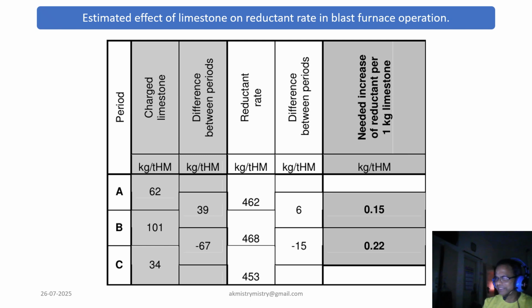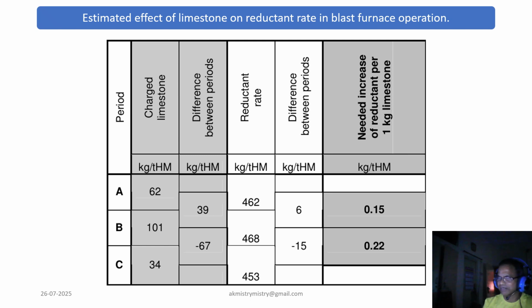Now as we can see, this slide is full of information. This analysis compares reductant rate across two operational periods. In period B, with 101 kg of limestone per ton of hot metal, the coke rate was 468 kg per ton hot metal.